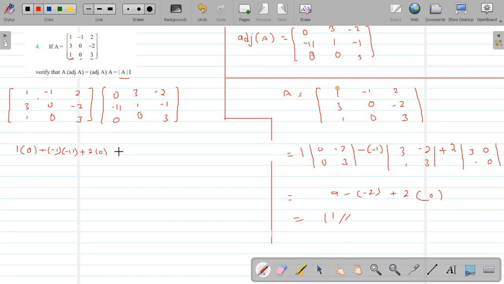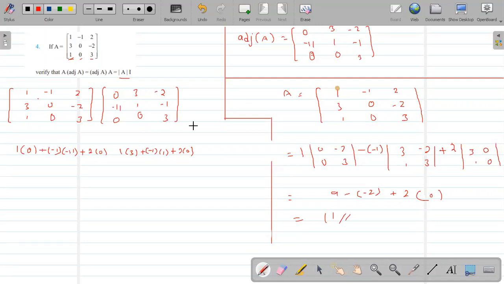Understood till here? Okay, now we will find the second element. 1 multiply by 3 plus -1 multiply by 1 plus 2 multiply by 0. This is your second element. Solve it and you will find the second element. Now the third element.